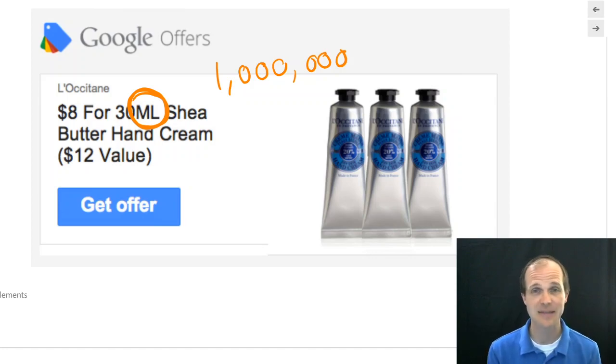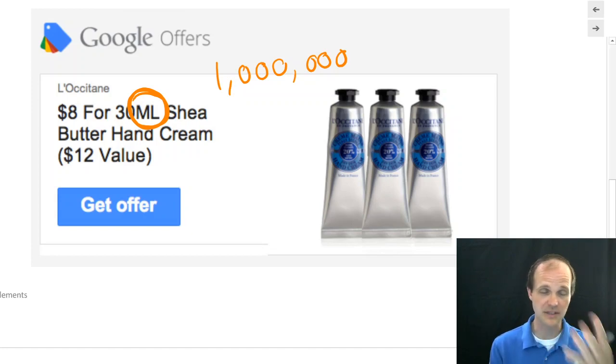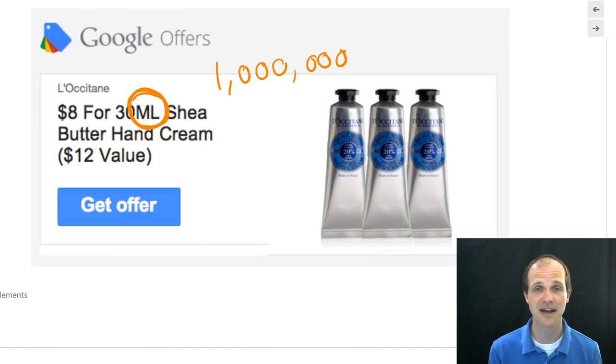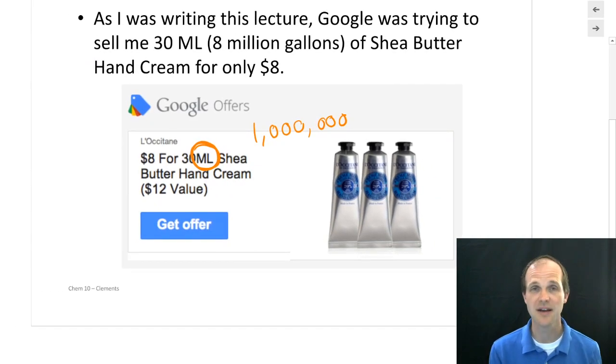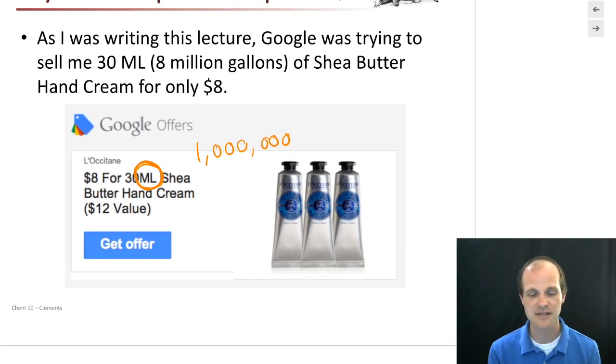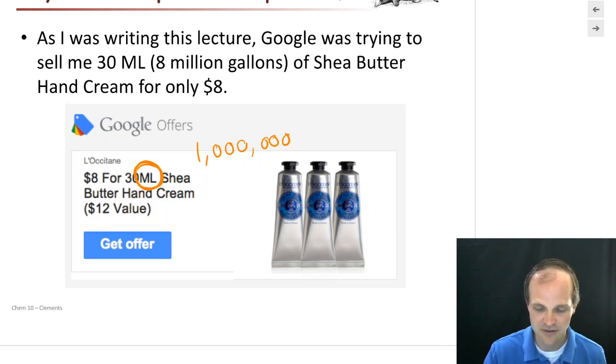Now, I was tempted to take them up on their offer, but I was worried that if someone had a sense of humor and they actually delivered millions of gallons of hand cream to my house, I would have no idea what to do with it. So I didn't take them up on their offer. But you'll see it quite often that even though we have these prefixes, even though we try to use them correctly, a lot of times in the world people don't use them correctly, and so we just have to be aware of those things.